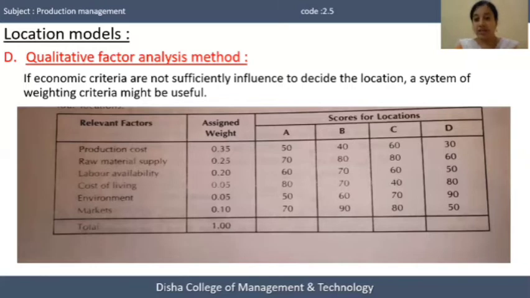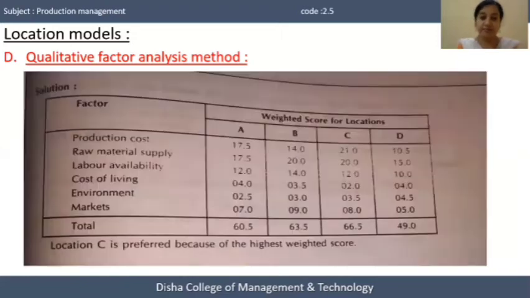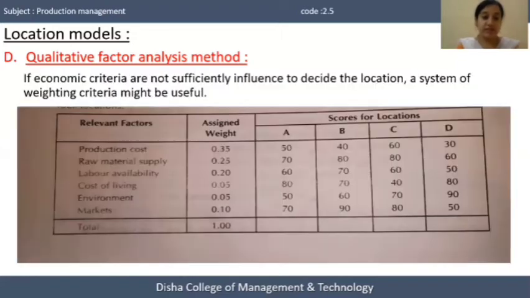After that, he has to provide different scores out of 100 to different locations as per the availability of the factors in that particular location. After providing various scores to a location, he has to multiply the locational scores with the assigned weightage. So take this example. Here the assigned weight to production cost equals 0.35, and the score at location A equals 50.